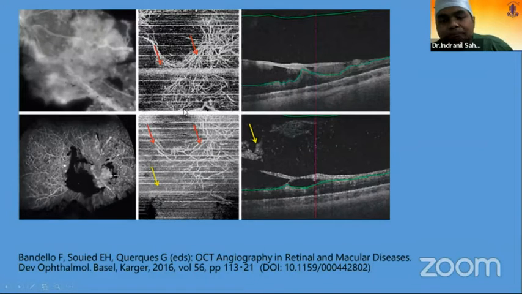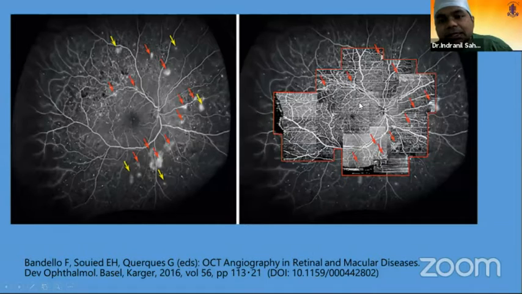This is another comparison of the NVEs that are seen. You can see the red actually corresponds with the OCT angiogram of the FFA and the OCTA, but the yellow is showing the areas of leakage which the OCT angiogram misses. So peripheral viewing of the OCT angiogram and picking up of details can still be a limiting factor or a challenge.